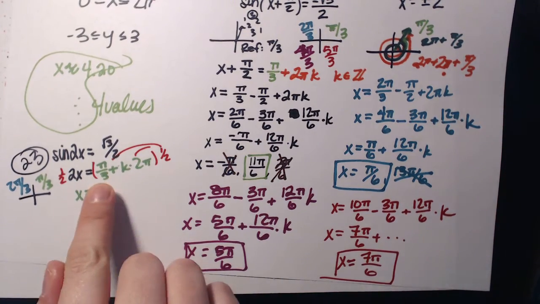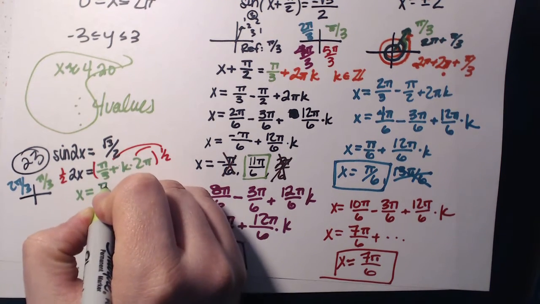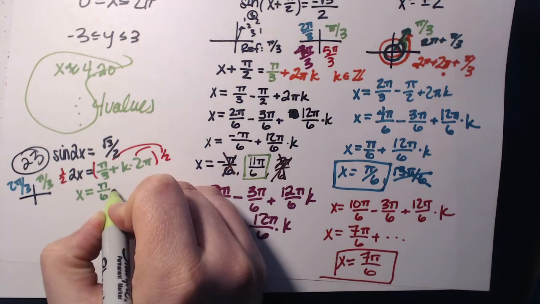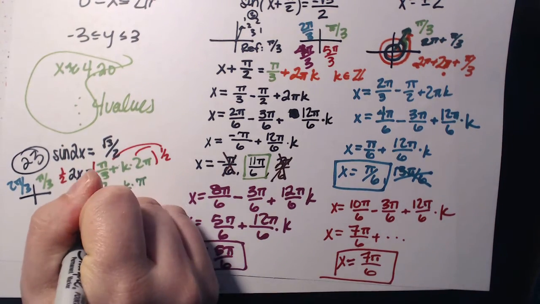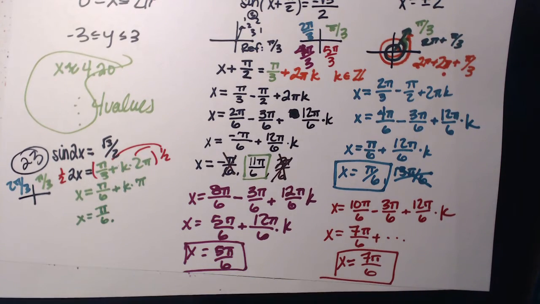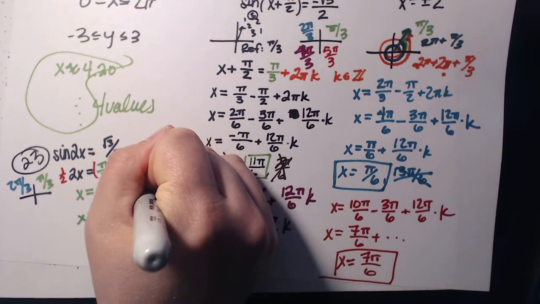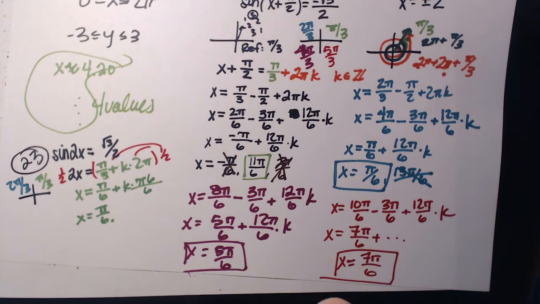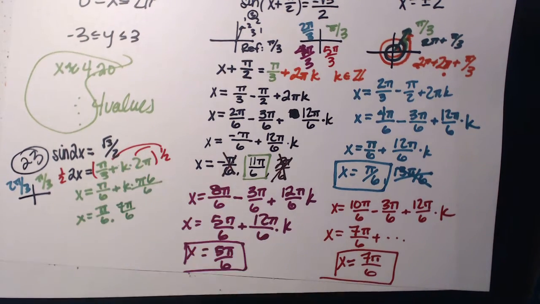This is a term, and then there's plus, and so then this whole thing's a term. So I have pi sixths plus k times pi. So my answers from here are going to be pi sixths. And if I add, let's turn this into 6 pi sixths for a common denominator, so 7 pi sixths would also work. So this one's actually giving me 2 answers.